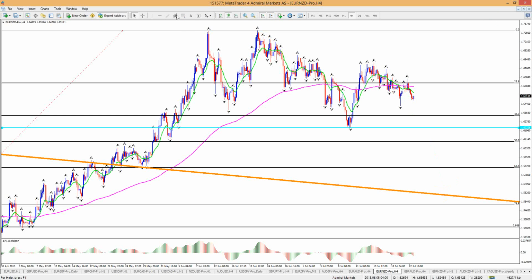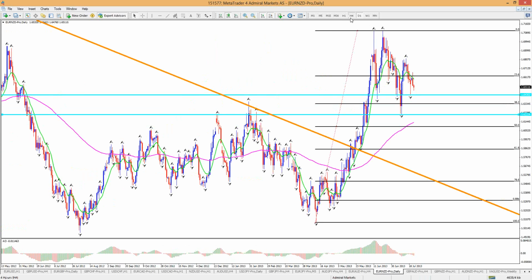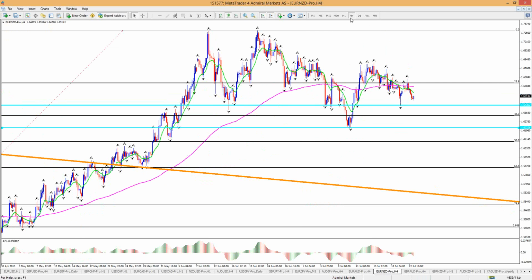But in that case, 162.20 is a key. Even this 164.30, yeah, that would be the key support.